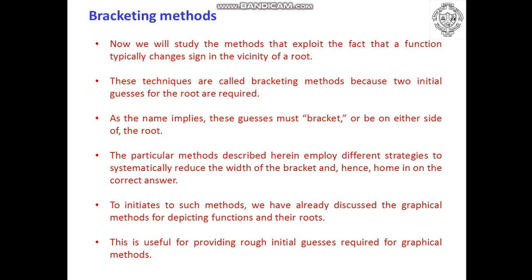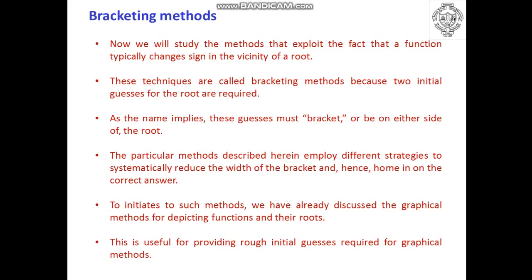The two initial guesses should be selected in such a fashion that the signs of the function at those two initial guesses must be opposite, so that the root can be bracketed within those two initial guesses.